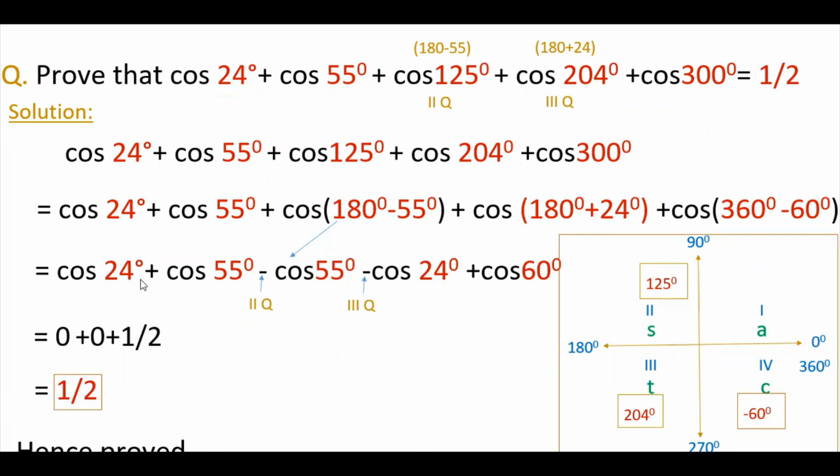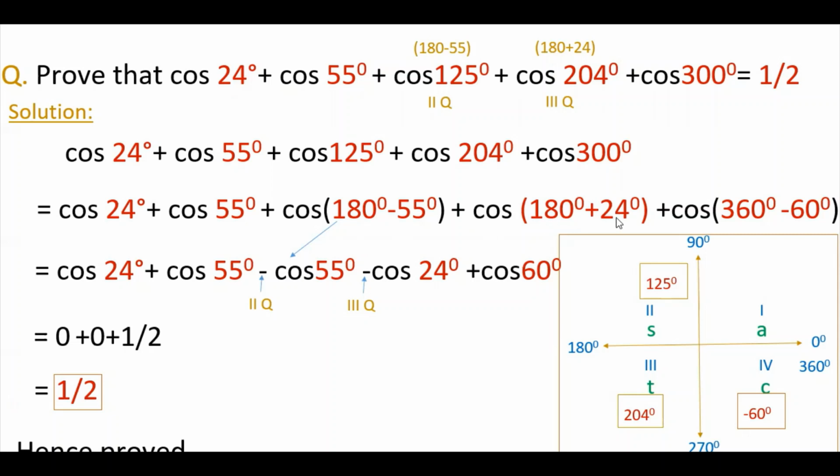So now cos 24 plus cos 55, and here this angle is 125 degrees. 125 degrees is in the second quadrant. Only sine and cosecant are positive, remaining all are negative. So you have to put minus here, cos 55 degrees. Because here it is 180, no need to change this trigonometric function. So here it is minus cos 55.